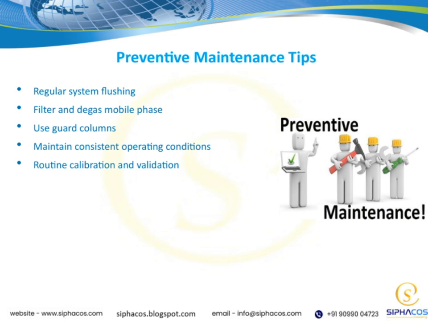Lastly, routine calibration and validation are fundamental practices. They ensure our instruments are accurate and reliable over time, giving us confidence in our data. When we incorporate these preventive measures into our routine, we not only safeguard our equipment, but also uphold the integrity of our analytical results, which is at the heart of our overall quality assurance.